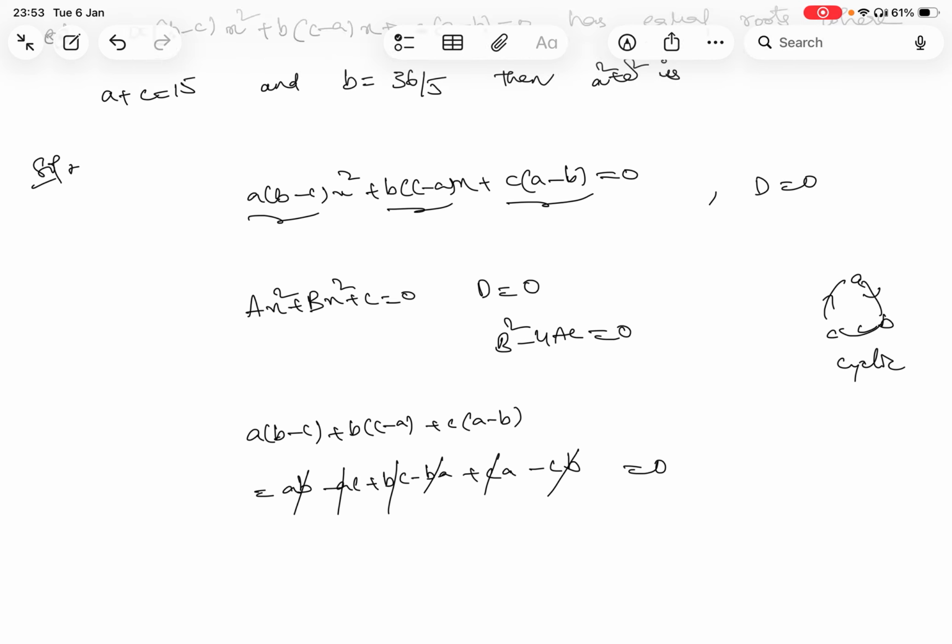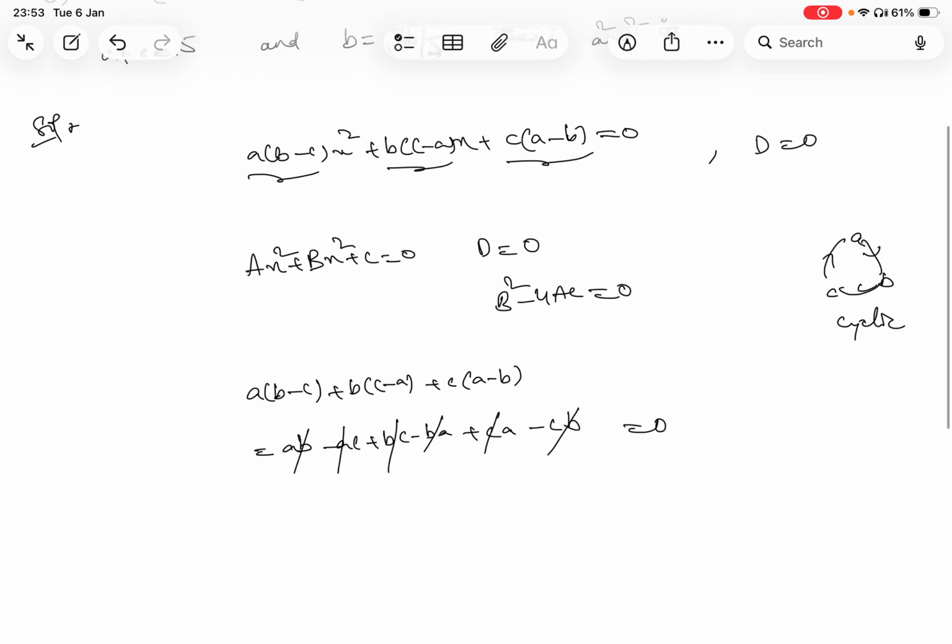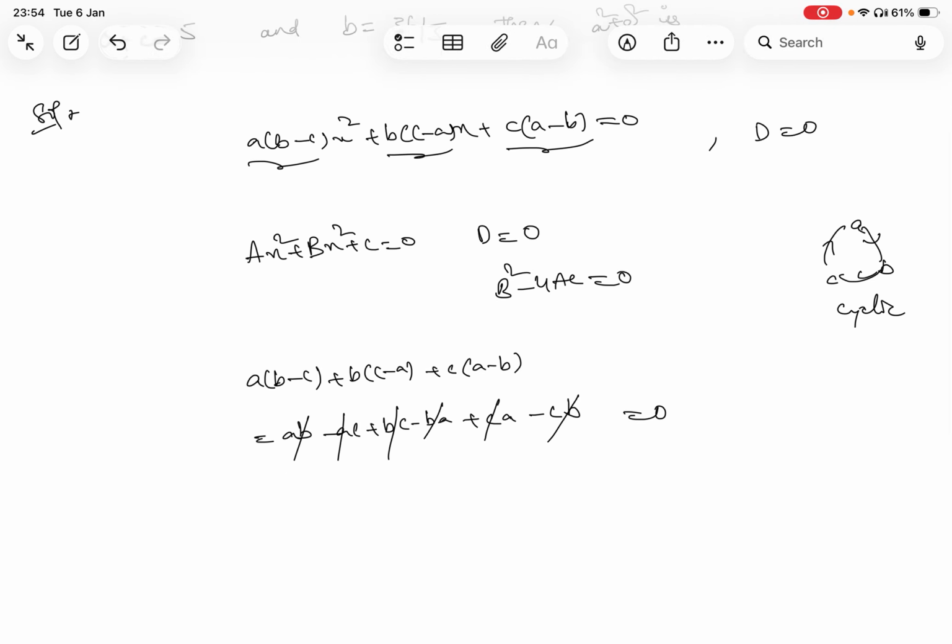That means the sum of coefficients is 0. So if x equal to 1 in the equation, this will be a(b minus c) plus b(c minus a) plus c(a minus b), which is 0. You can see the trick here, right? I mean to say that this is satisfied. That is, x equal to 1 is a root of the given quadratic equation.